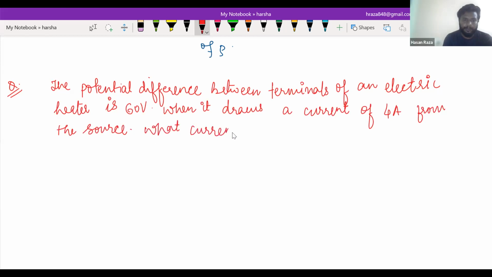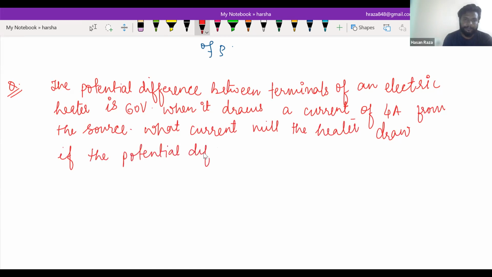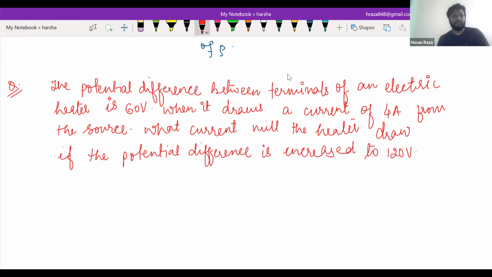What current will the heater draw if the potential difference is increased to 120 volt? Please do this question.